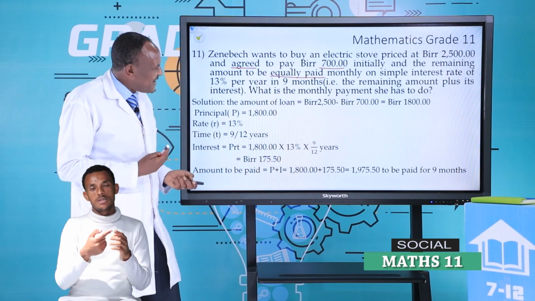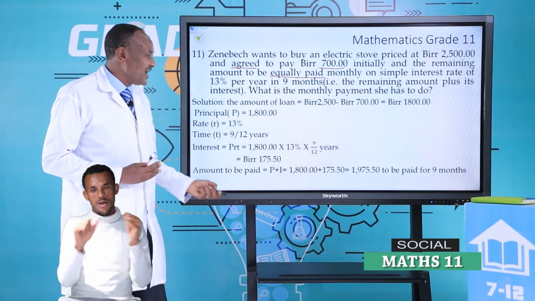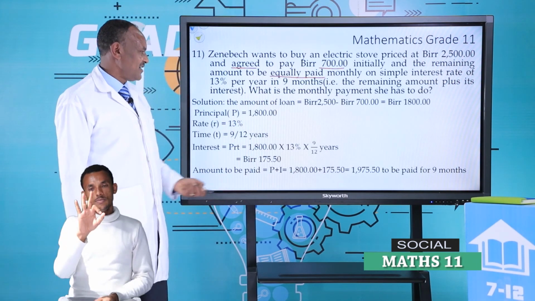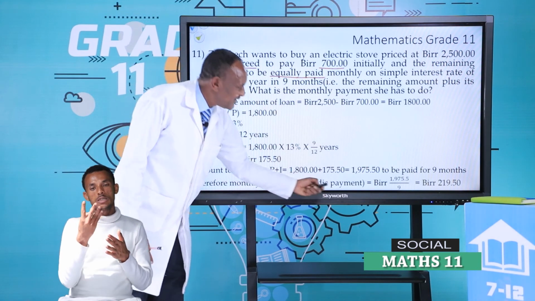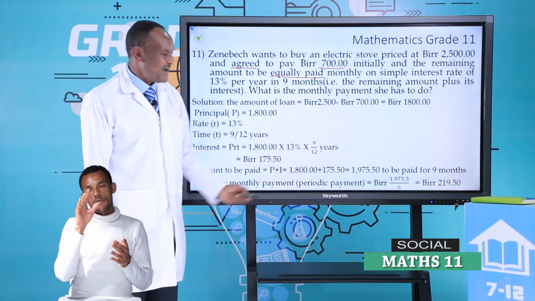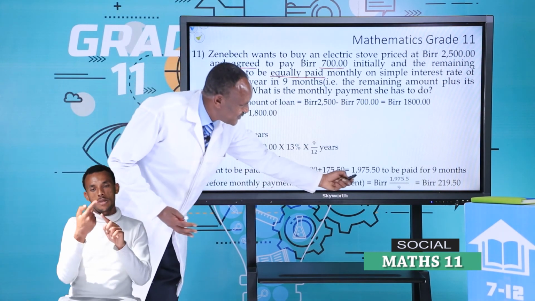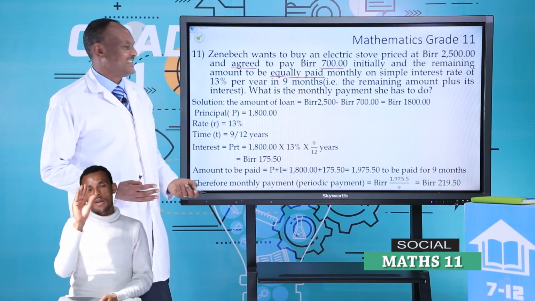She wanted to pay this amount equally over 9 months. So divide 1,975 and 50 by the number of months she has agreed to pay, which is 9. She is going to pay 219 and 50 cents monthly.